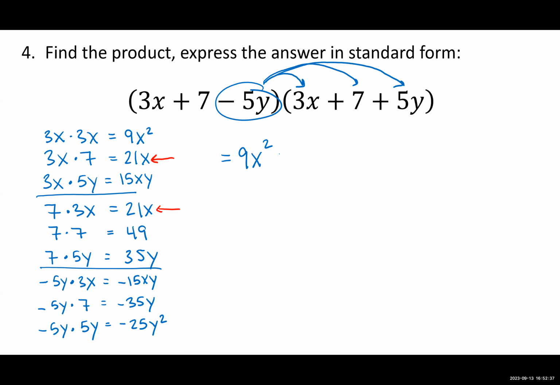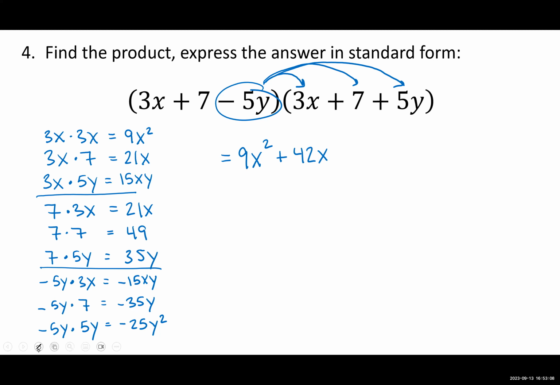So plus 42x. I'm not so concerned with the order. So when I think standard form, the powers are in descending order, but now we have two variables, an x and a y. So the order here doesn't really matter as much.